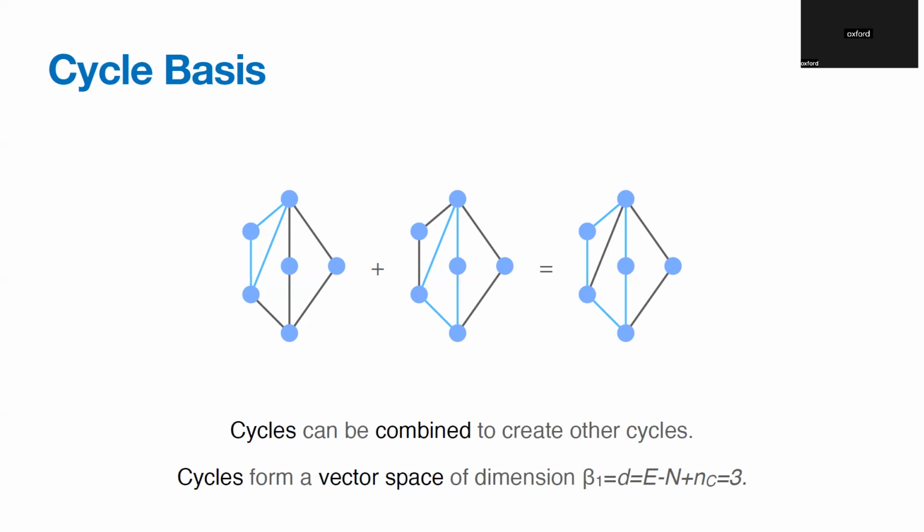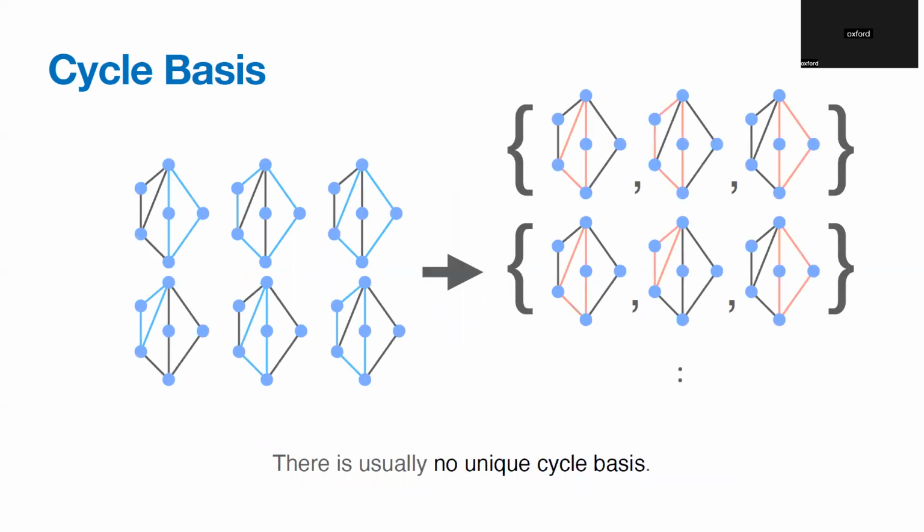But essentially, the idea is that when you have an undirected graph, you can find a vector space that underlies all the cycles in that graph. And the idea was to use that as a representation of the cyclicity of a graph. There's, of course, no unicity.